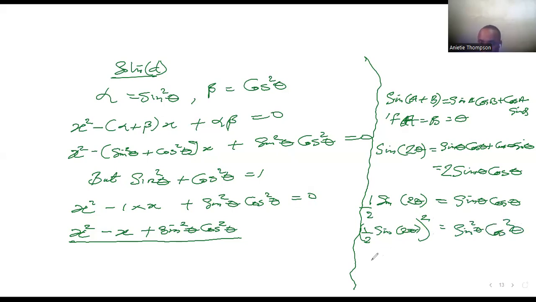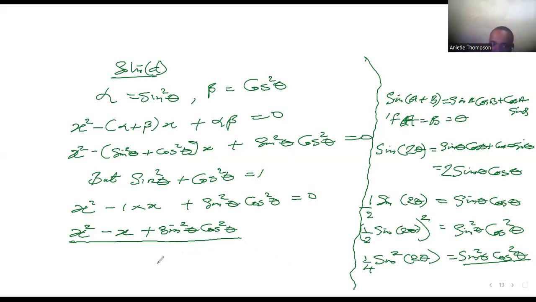And if I open this bracket, I'll have 1 over 4 sine squared 2 theta equals that expression there on the right hand side. Okay, meaning this equals 1/4 of the square of this 2 theta here.